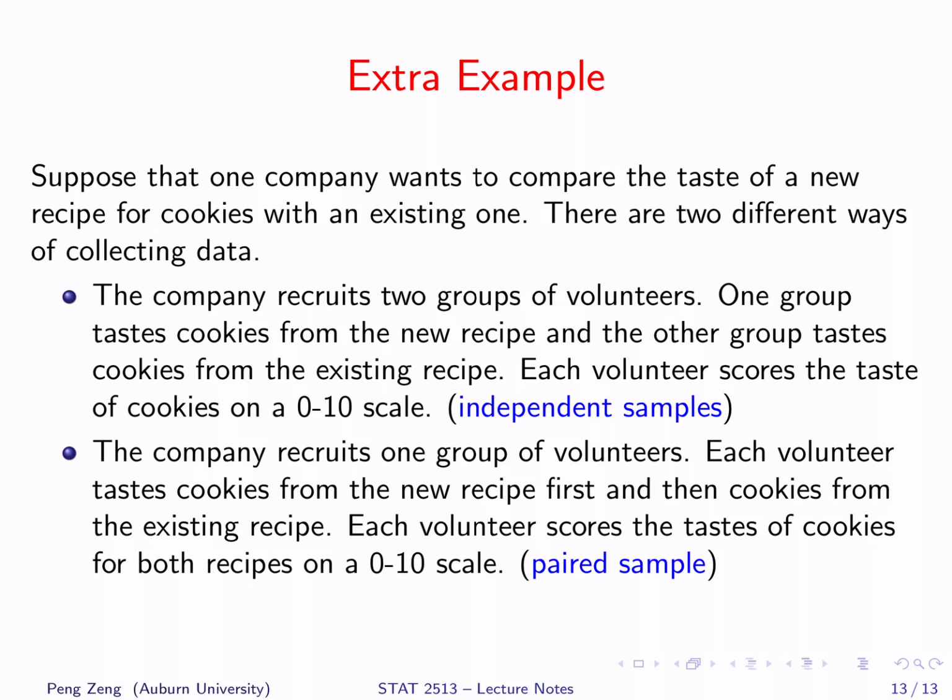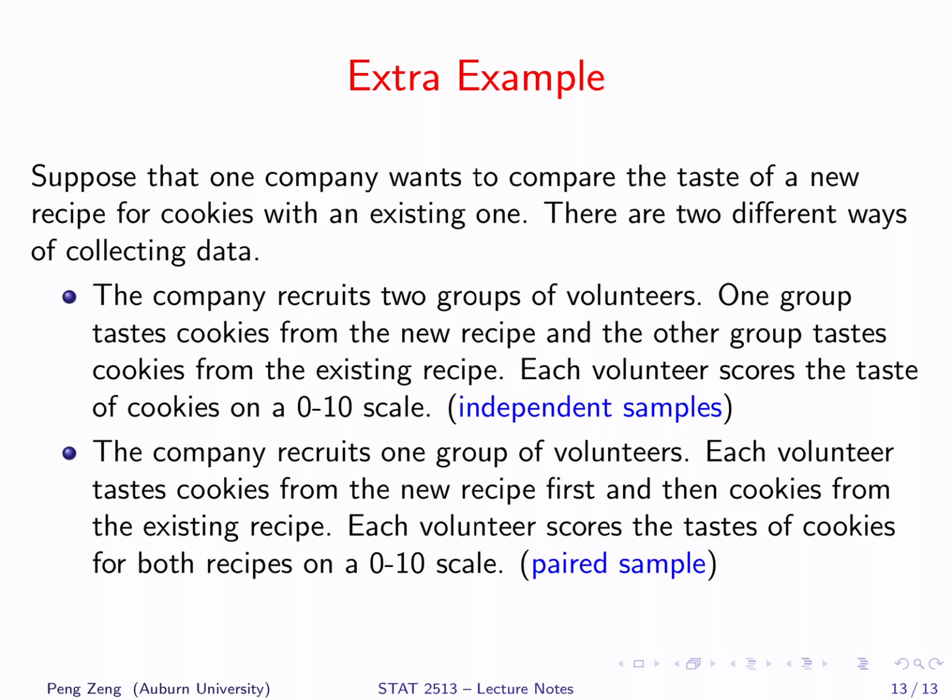If we collect data in this way, we get paired samples. The scores by the same person are paired. The first population contains the scores for the first recipe, and the second population contains the scores for the second recipe. When analyzing data, we should use T-procedures for paired samples.